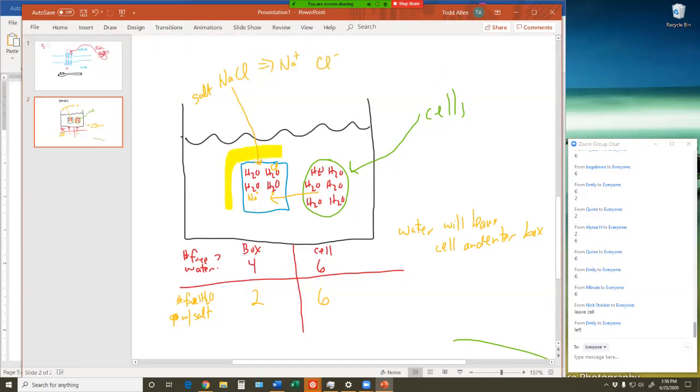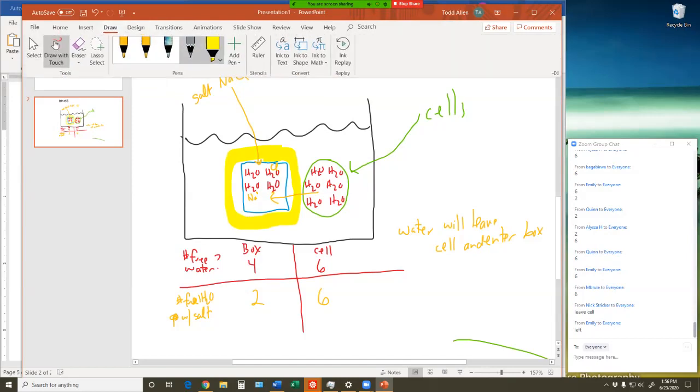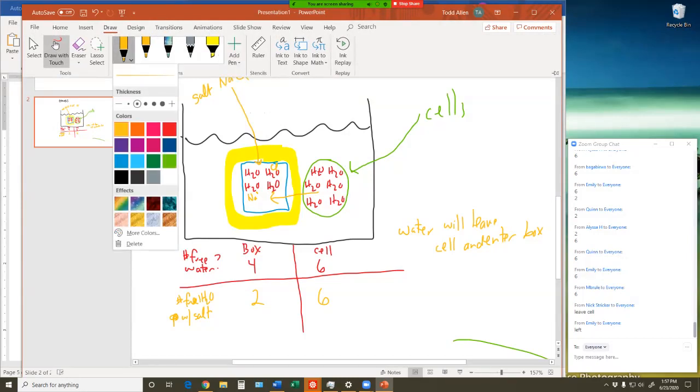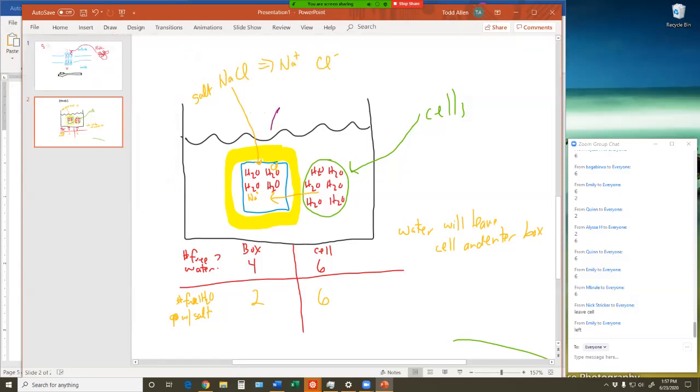So this area that I'm highlighting with the yellow marker, the box with the chloride in it and the sodium in it and the water, okay, this liquid in here, is it hypertonic, hypotonic, or isotonic relative to the water inside the cell? Is the water in the box with the salt hypertonic, hypotonic, or isotonic?